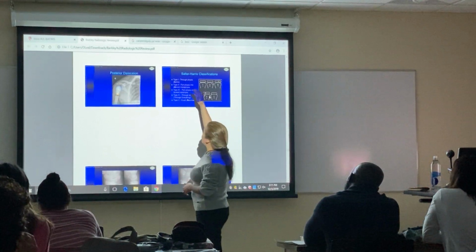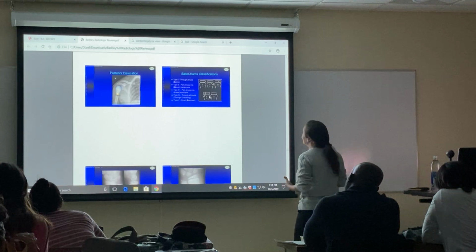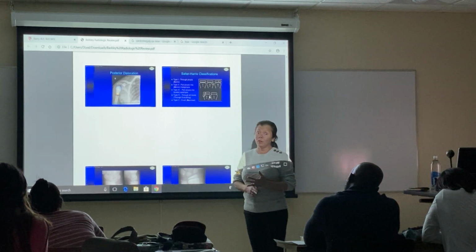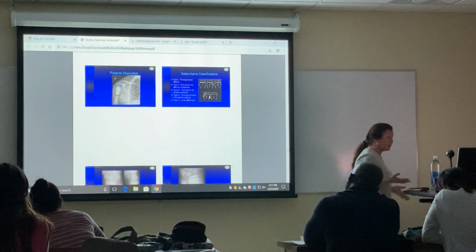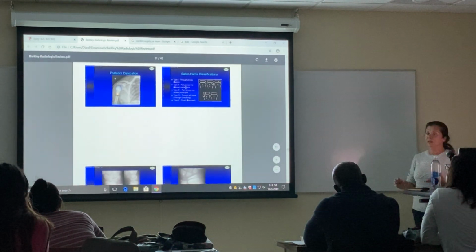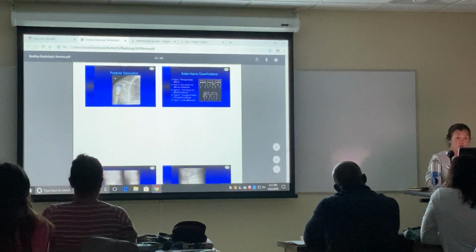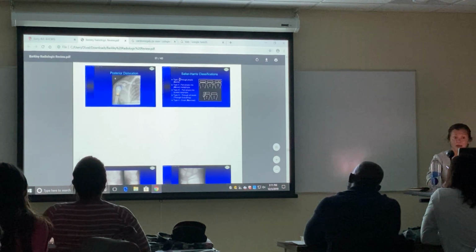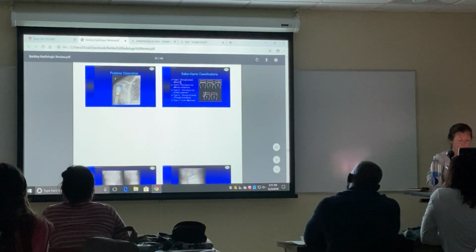So there are 5 types, and it's called Salter-Harris classification, because first of all, the name of the guy who discovered it was Salter-Harris, but also he named the types according to his last name, right? So, for example, type 1 fracture, he called it same or slip.